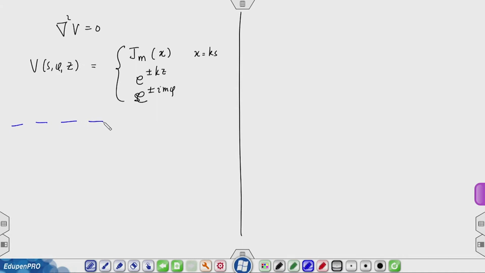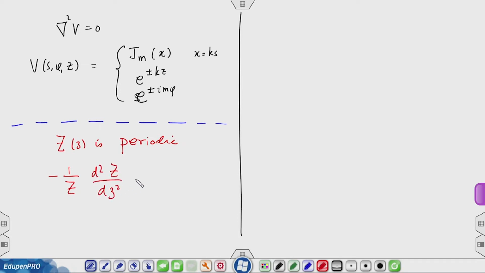We also look at the other part now. The other case that we had considered and not treated so far was when Z function is periodic. So, remember what I had done, I had taken earlier 1 over Z d2Z over dz square to be equal to minus k square, and the solution we had gotten was Z is e raised to plus or minus kz.